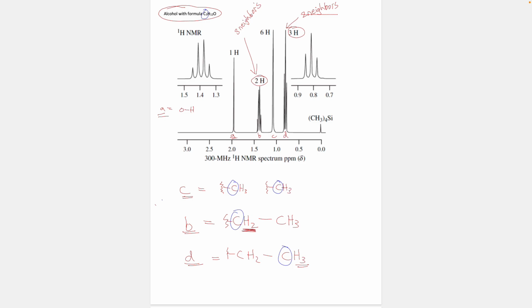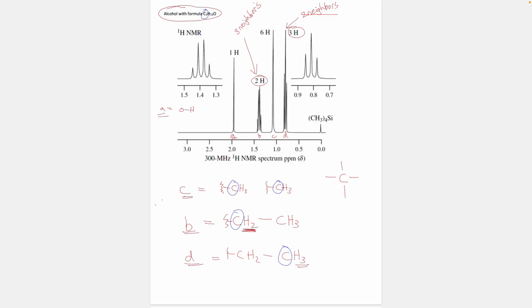I'm going to mark it over here as a piece that's very quiet in the proton NMR spectrum. It doesn't have any protons on it, so you're not seeing it. But there's certainly a piece there that is a C that must have 4 things attached, none of them protons. Okay, so when you get that bit, you've accounted for all the atoms in the formula that you were given.